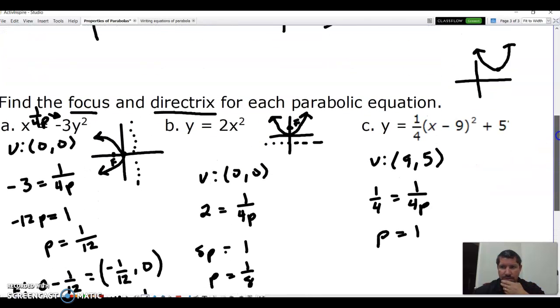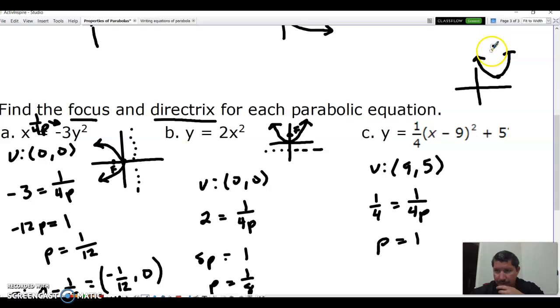Remember my axis of symmetry runs like this. The focus is going to be here. The directrix runs like this. I'm dealing up and down, so I'm dealing with this 5.